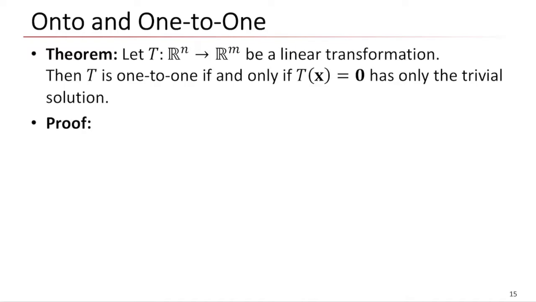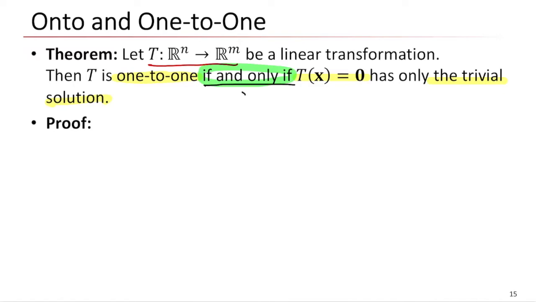Let's say there is a linear transformation T from Rn to Rm space. Then the transformation T is one-to-one if and only if T(x) = 0 has only the trivial solution. Oh, by the way, do you know the meaning of if and only if? Most theorems have a statement like that.